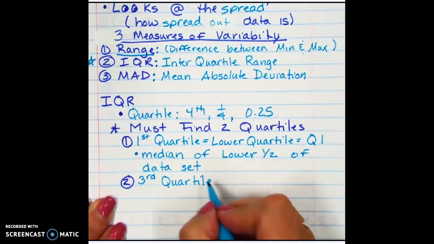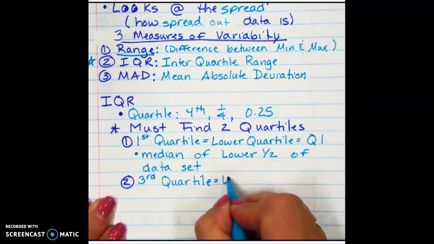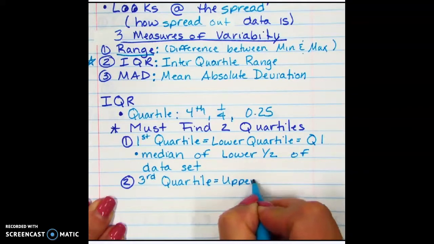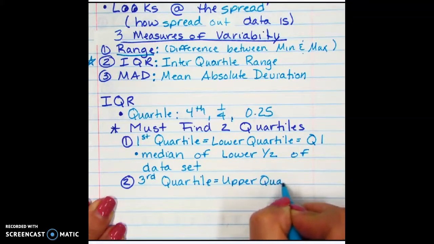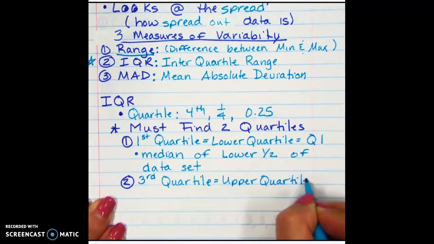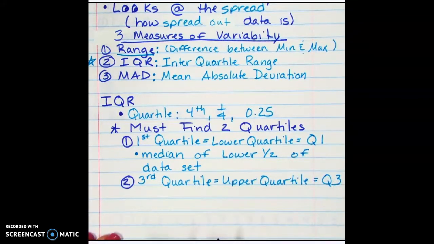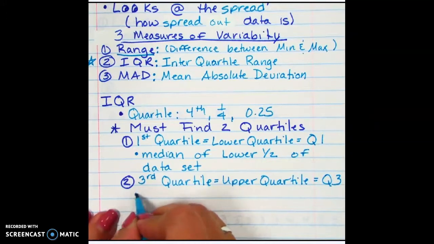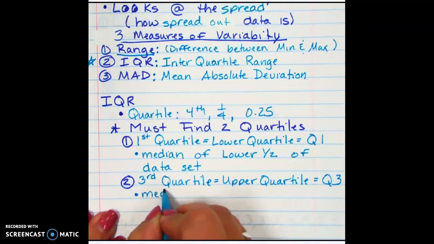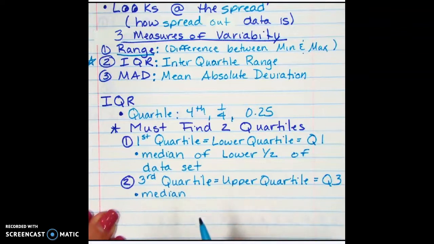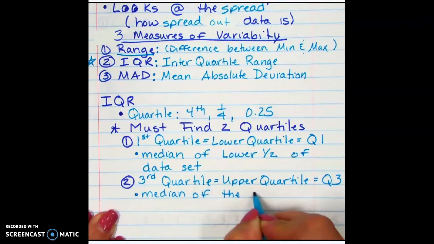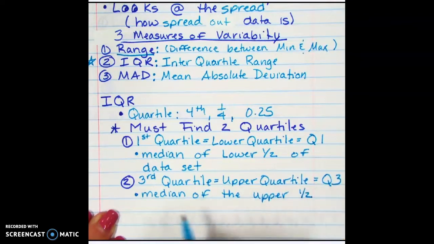The third quartile is actually the upper quartile, and it will also be known as Q3. What is this? It is actually the median of the upper half of the data set.